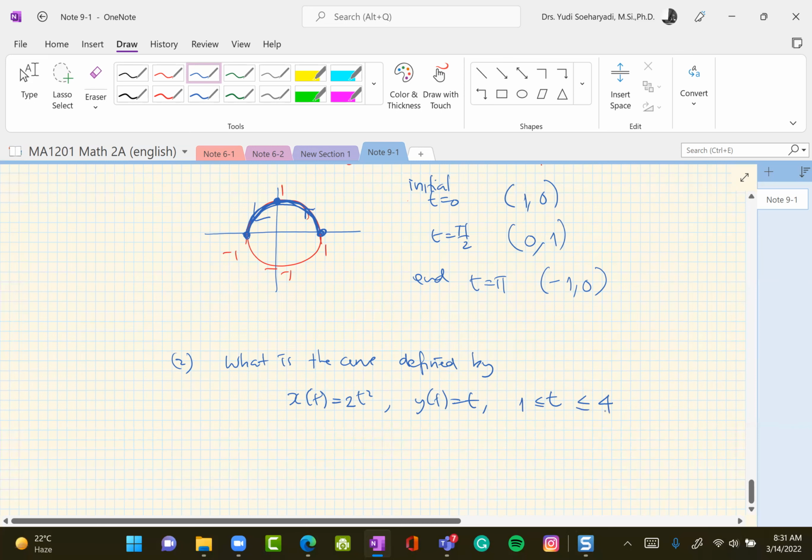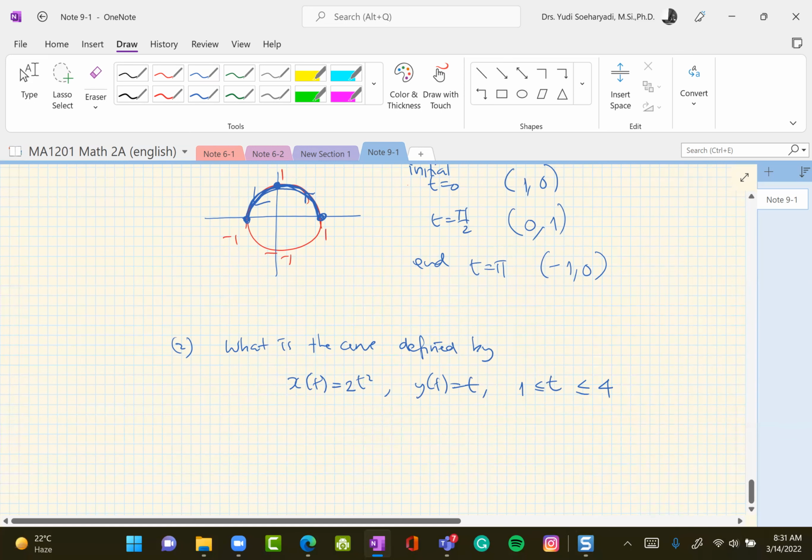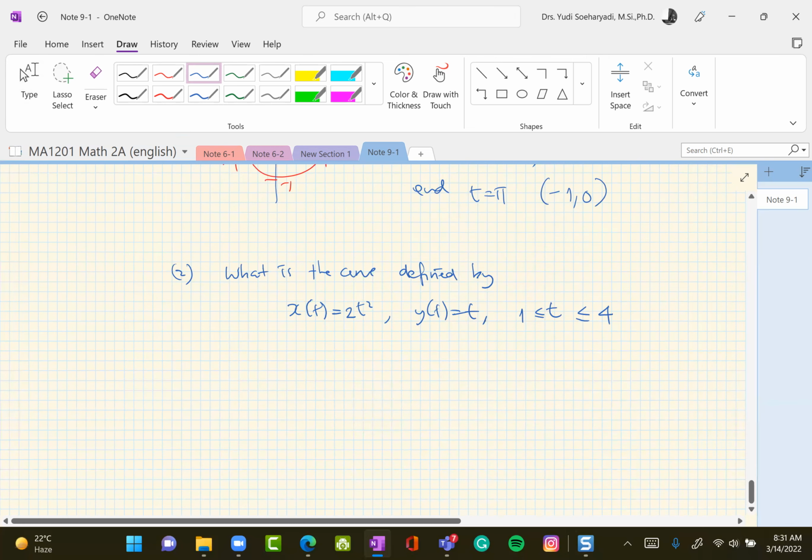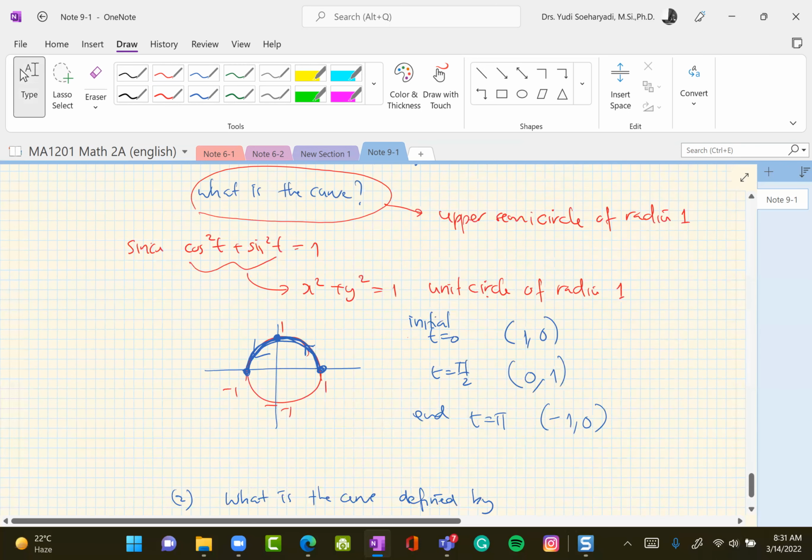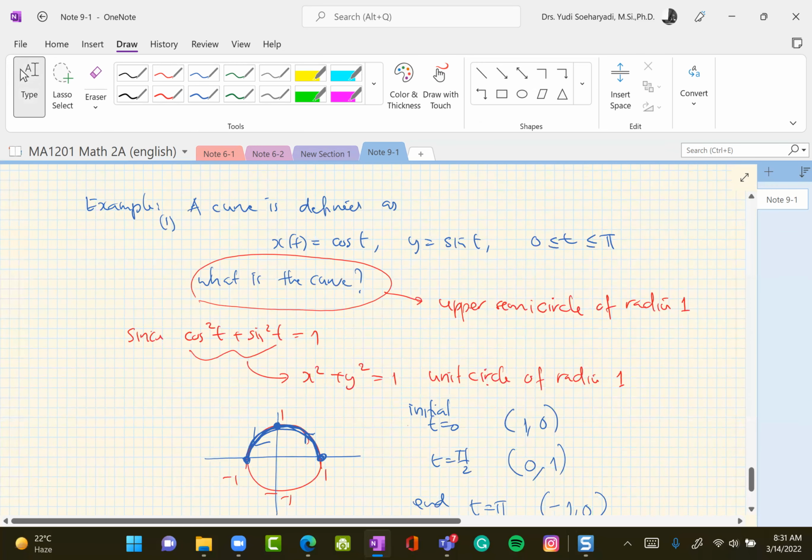Let's see. What we're trying to do here is find some relation between x and y.